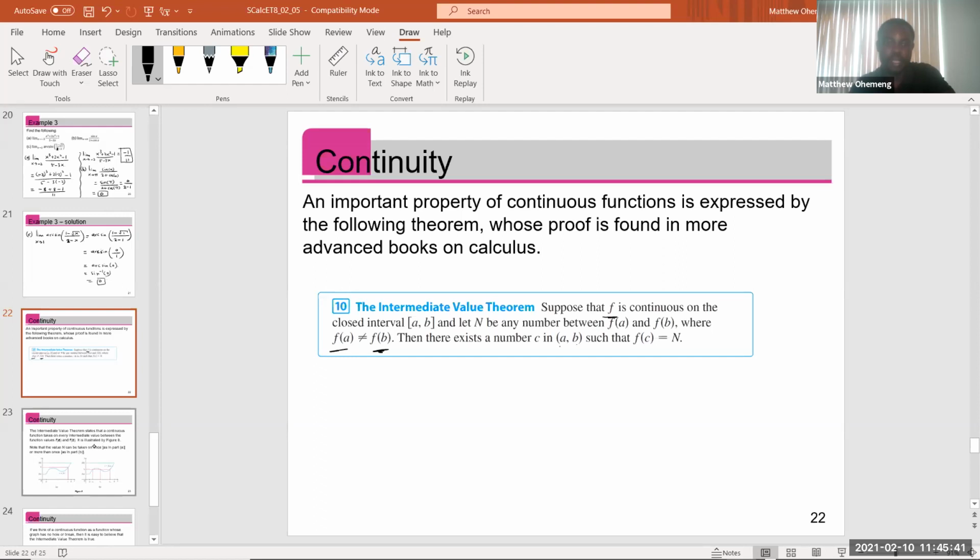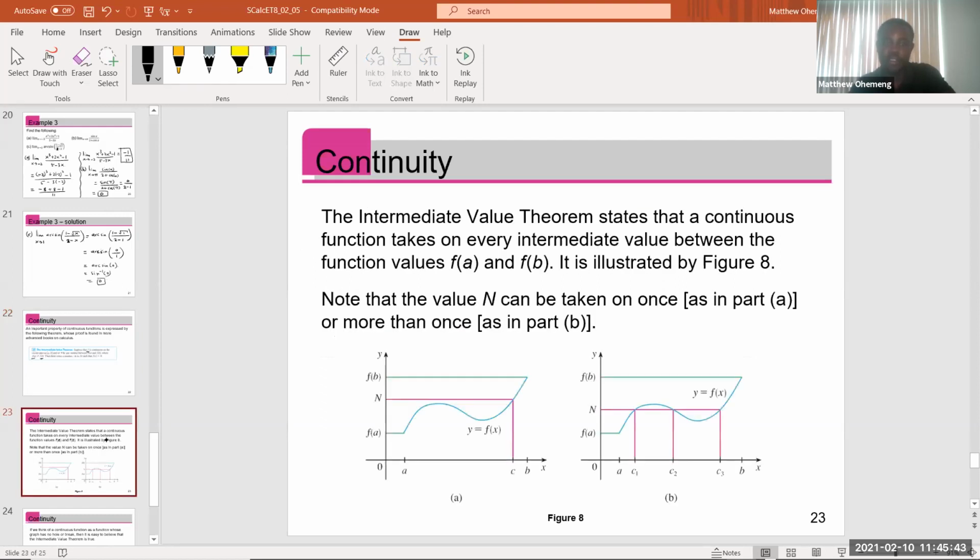This can be seen easily with the graph. With these two graphs, you see that the blue line is continuous. You don't see any punched hole or separated parts. In the geometric sense, you don't have to lift your pen from paper when graphing this. So it's continuous. Now f of b is given here, and f of a is a point down here.